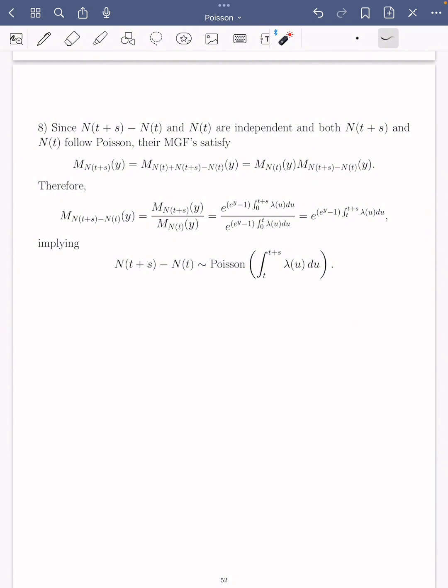So we can compute this moment generating function by using the ratio of this one divided by this one, which is equal to this. And this is the moment generating function for a Poisson. So we know that N_{t+s} minus N_t follows the Poisson distribution with this value as the mean value. So this is what we claim in Theorem 4.